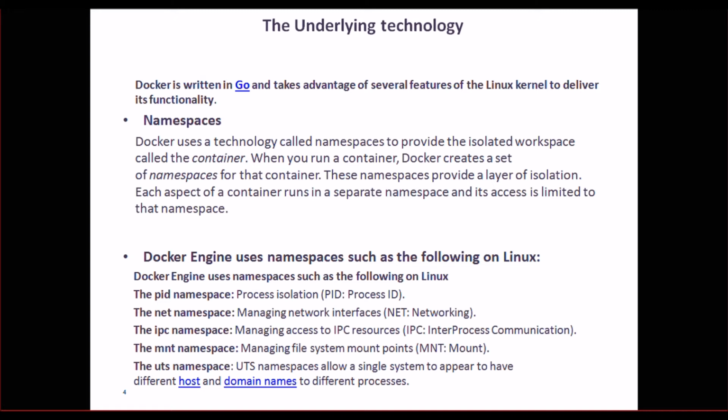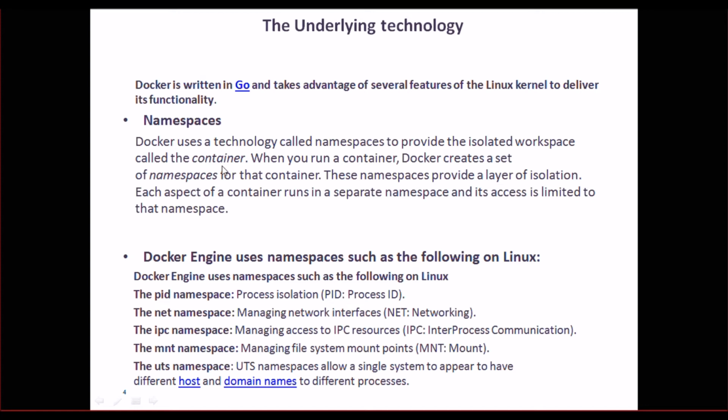So what is a namespace exactly? You have to understand it. Do you guys understand what a namespace is? In simple terms, Docker uses a technology called namespaces to provide the isolated workspace called the container.